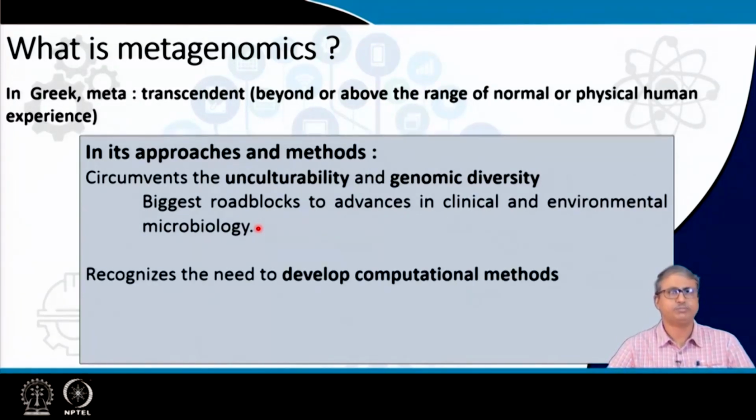Now, metagenomics as a method or approach also recognizes the need to develop computational methods, because we are going to rely on nucleotide sequence data, and it is obviously not one or two sequence reads that any individual can handle manually. So, it is going to be huge.